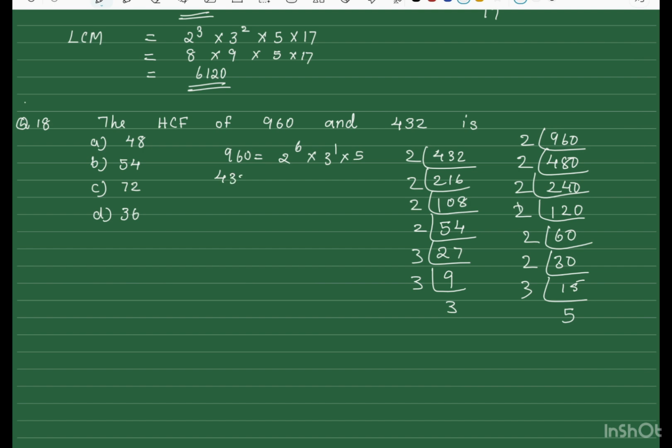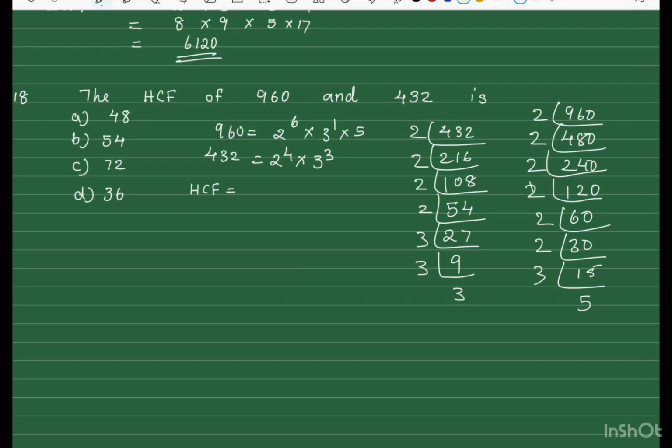So the factorization of 432 is 2 to the power 4 multiplied by 3 raised to 3. Therefore HCF is equal to 2 to the power 4 multiplied by 3, that is 48. So HCF is 48, option A.